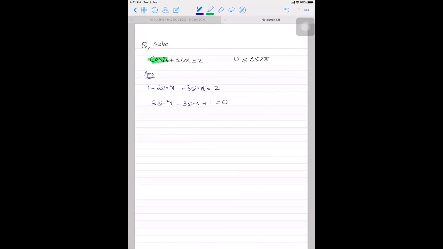Now, if you solve this quadratic equation, what are the values of sin x? I'm getting 1 and 1 upon 2.